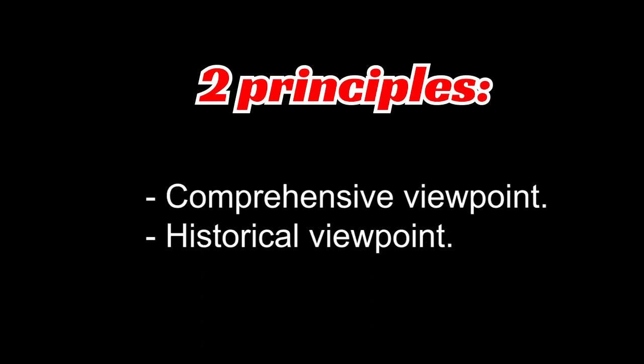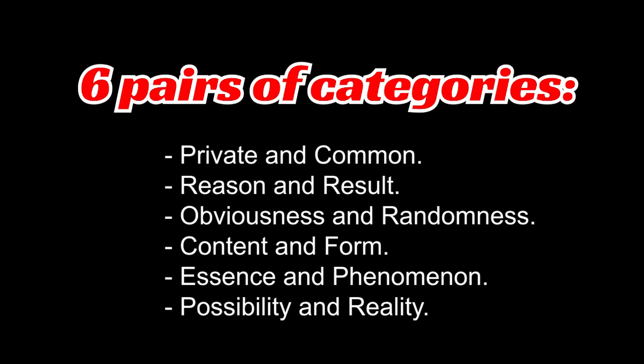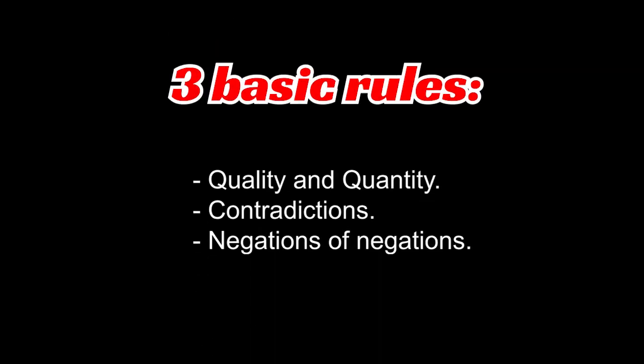Before ending the video, let's summarize what we've learned about dialectical materialism. Actually, Vietnamese students remember the basics of dialectical materialism through the numbers 2, 6, and 3. 2 main principles: comprehensive viewpoint and historical viewpoint. 6 pairs of categories: private and common, reason and result, obviousness and randomness, content and form, essence and phenomenon, and the last pair, possibility and reality. 3 basic rules of materialist dialectics: rule of quality and quantity, rule of contradictions, and rule of negations of negations.